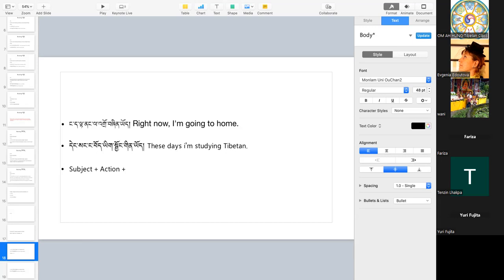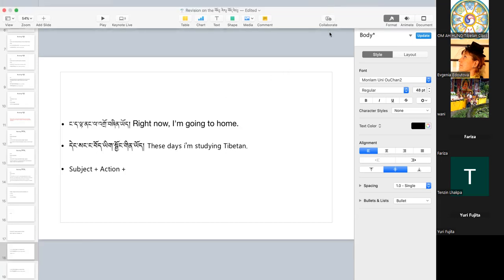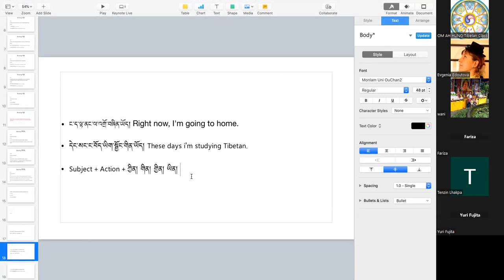And the particle. The particles kin, yin, and yu.